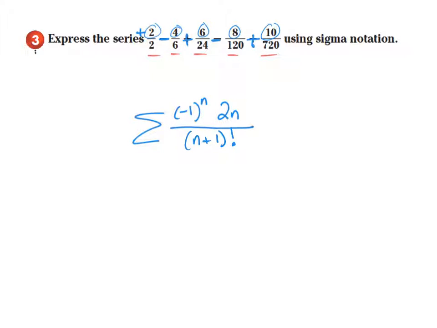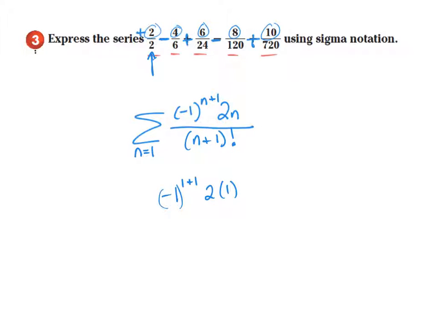So in other words, if I plug in n equals 1 into my sigma right now, am I getting 2 over 2? Well, I have (-1)^1, which is -1. So already I'm off because I need it to be positive. So I can change my a sub n of my f of x, my sigma notation, right? If I add 1 here in the exponent and I plug in 1, then it's going to be positive, right?